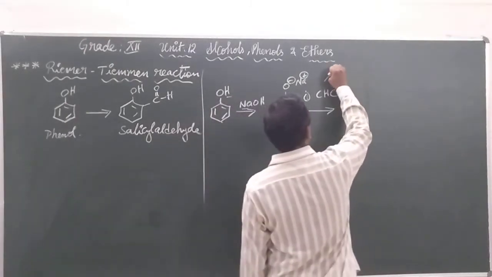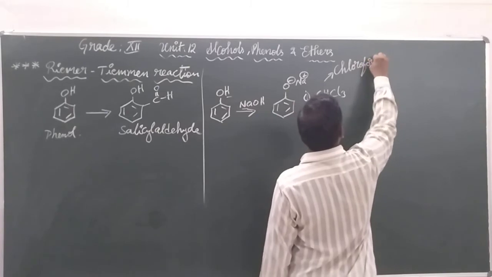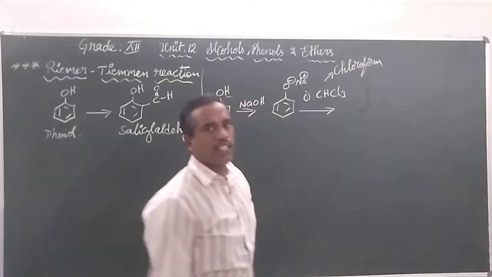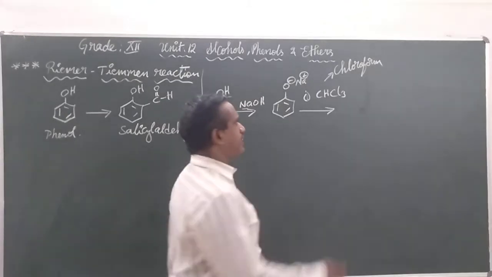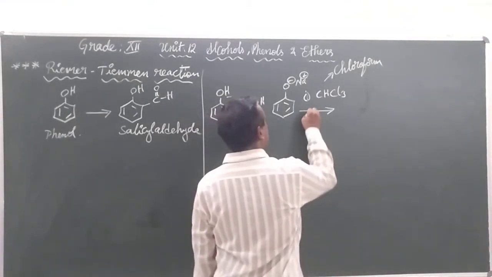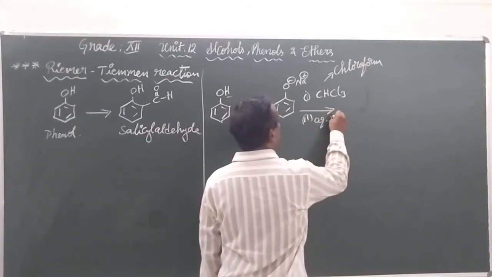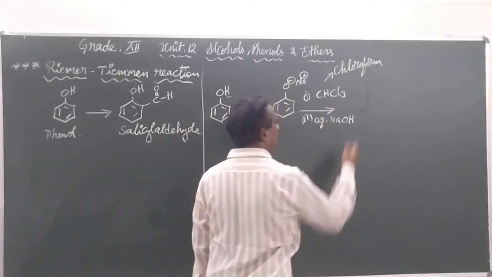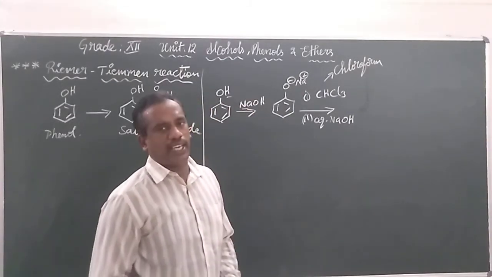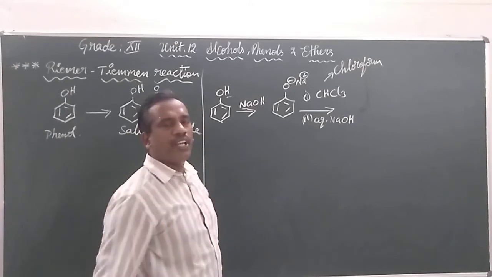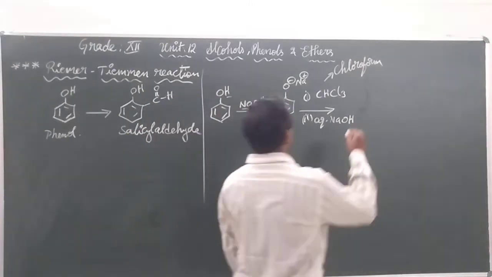CHCl3 is called chloroform. After adding the CHCl3, we will be adding the aqueous or diluted sodium hydroxide. Once we add them, we get an intermediate.